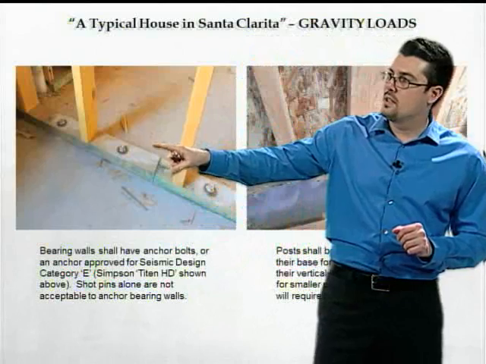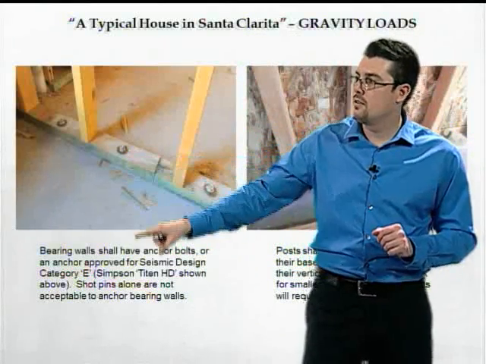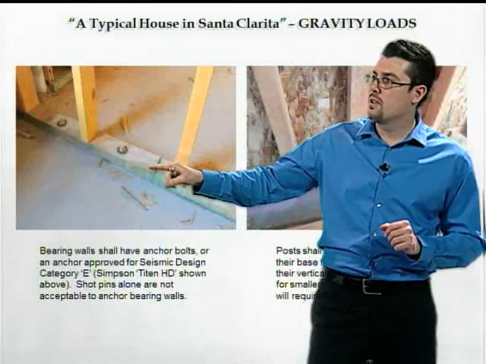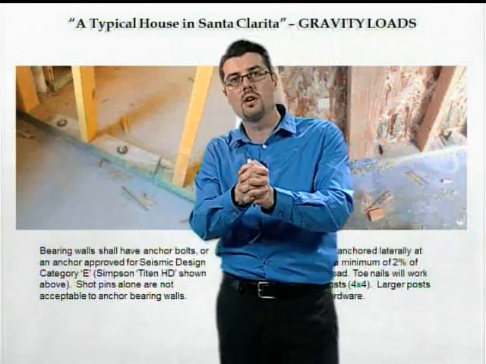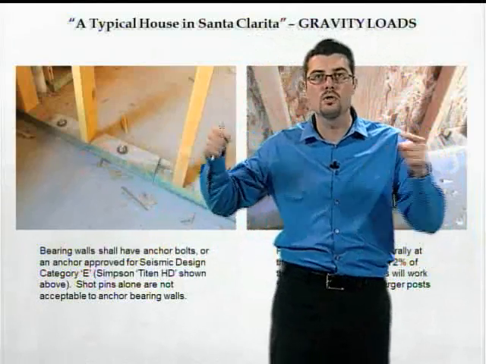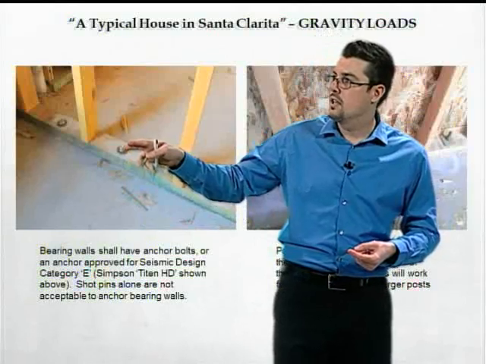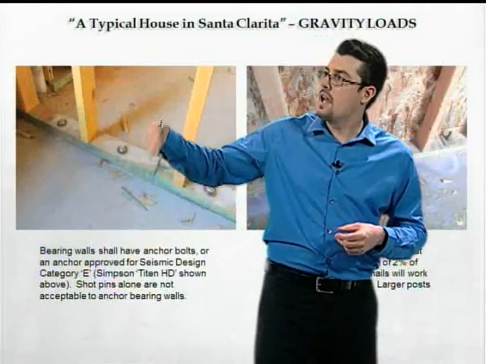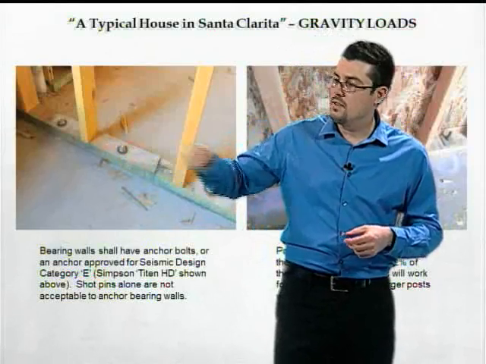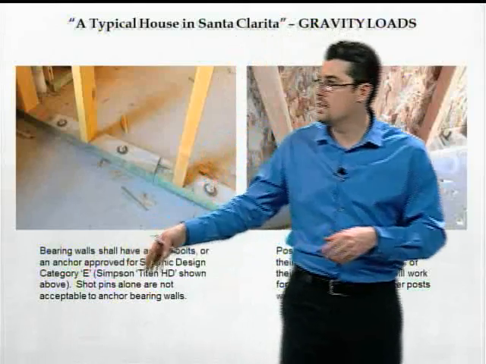So in this example, anchor bolts are provided. Here, this was a case where the developer opted to put the anchor bolts in after. Instead of pouring the bolts into the concrete, they used what we call a post-installed anchor, or a pre-drilled anchor. In this case, they used a shot pin just to set the plate, and then afterwards they came in and drilled holes and added what we call Titan HD anchors.